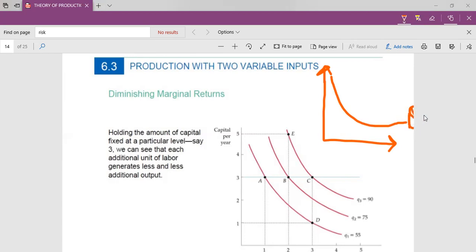Call it Q here. And this isoquant is a locus, a locus of points.